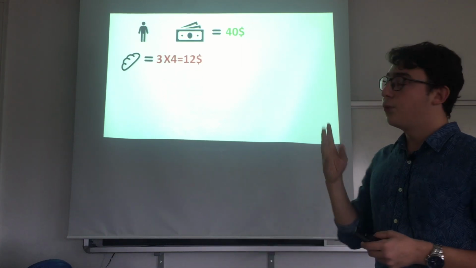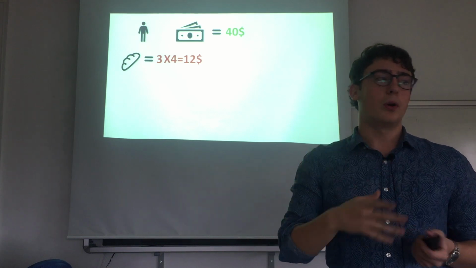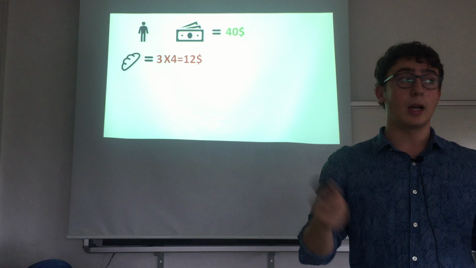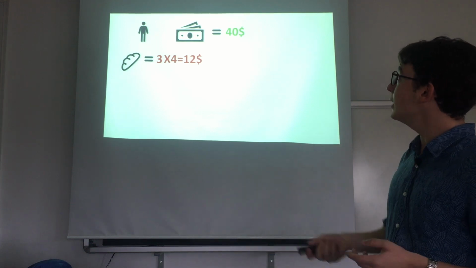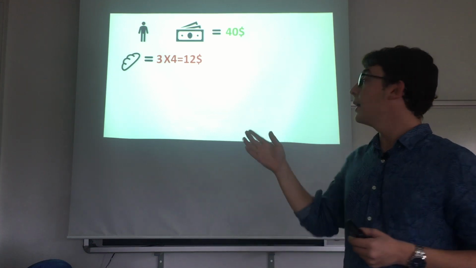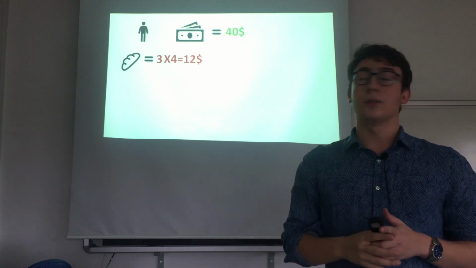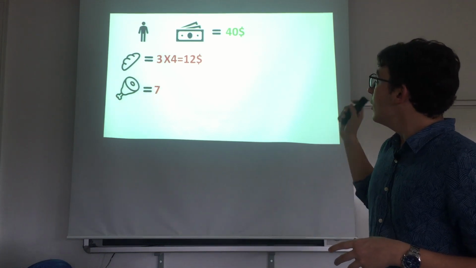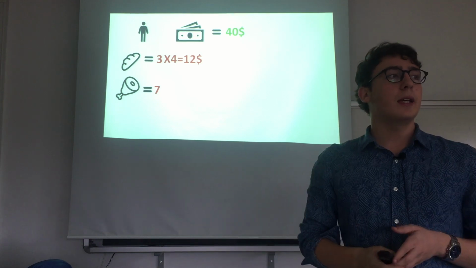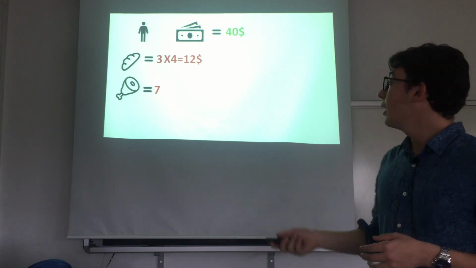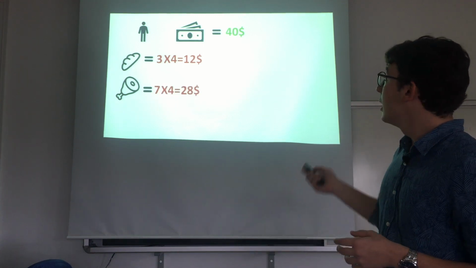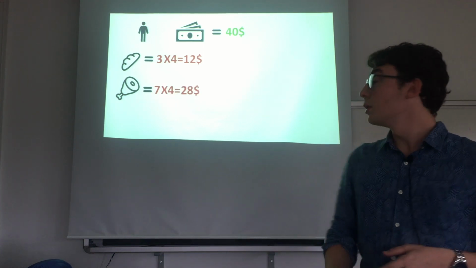I have to buy 4 breads per month, which means each week I buy 1 bread, and I have to pay $12 for bread every month. Now I have $28 left, and I can buy 4 meats, and I can live hand to mouth.